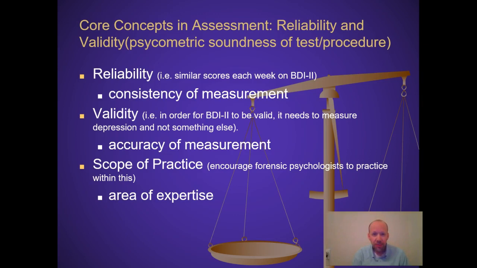If it's reliable, the scores are going to be very similar the multiple times that we assess using that particular test. Validity: in order for the BDI-2 to be valid, it needs to measure depression and not something else. So is it giving a good measure of depression? Those two components are very important. Accuracy of the measurement, we want to make sure that there's some validity there.